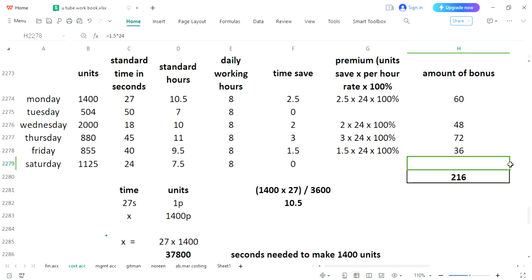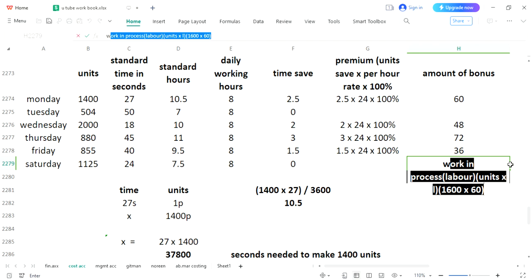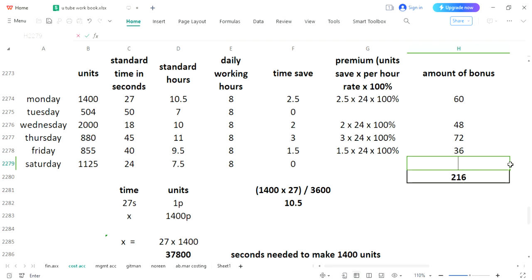Monday, on Saturday, amount of bonus was 0. On Tuesday, 0 bonus. So our amount of bonus has been calculated.